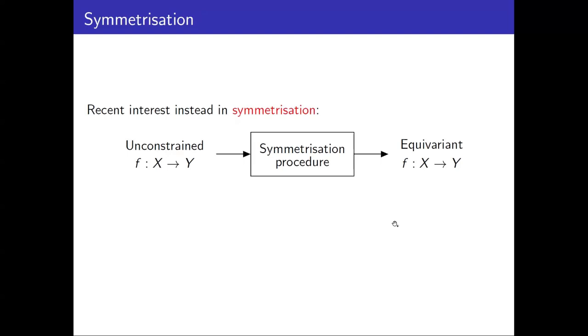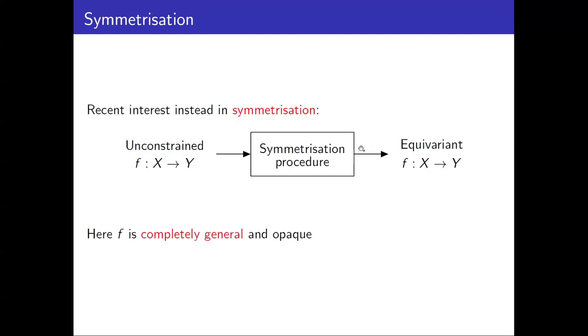Recently, over the last 4 years or so, there's been interest in what you might call symmetrisation. These approaches take a different approach. They define a procedure that takes as input an unconstrained model, so it's not equivariant, does something to it, and then produces an equivariant model as a result.